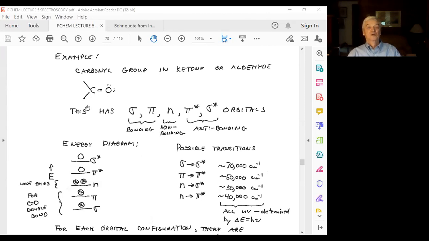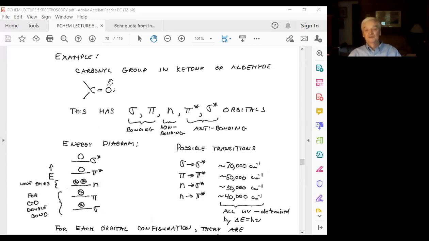So one of the bonds will be a sigma type orbital, one will be a pi type orbital. So think back to our discussion of when we talked about carbon monoxide, for example, or N2. We had a sigma bond and we had a pi bond. And in each case, we also had an antibonding orbital, so a sigma star and a pi star.